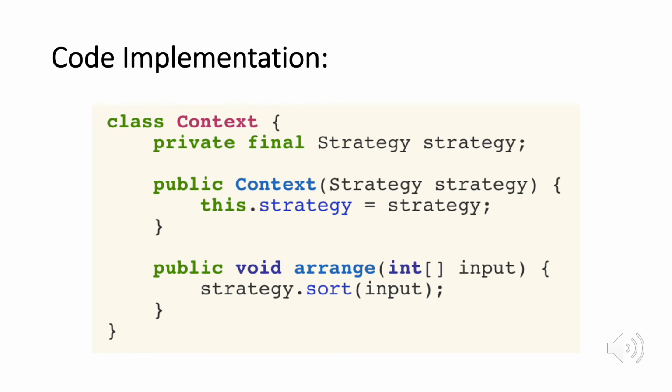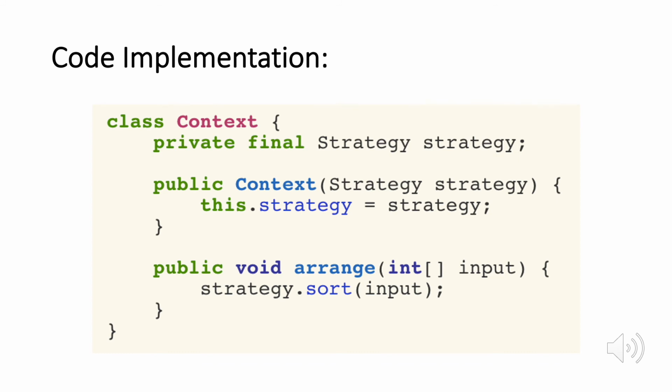This strategy interface will be set by the client. Inside the constructor, the strategy will be passed, and you can see that there is a generic method of arrange. The arrange will be the method which will pass the data to the concrete strategies, and it will execute the sorting operation with the reference of the strategy.